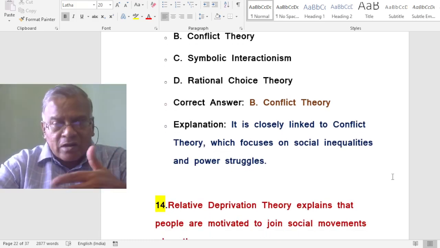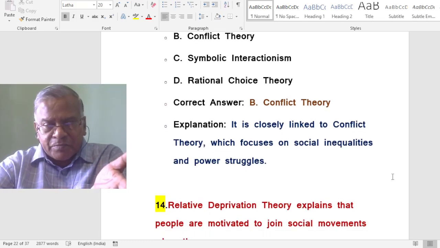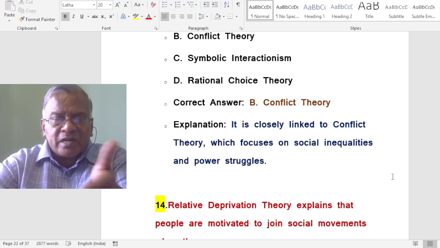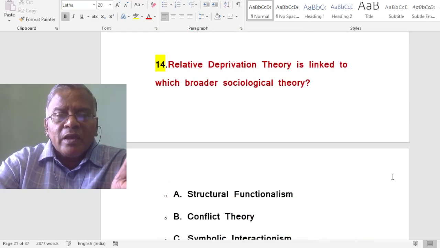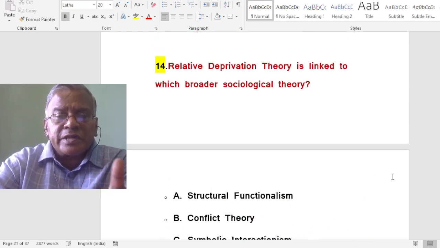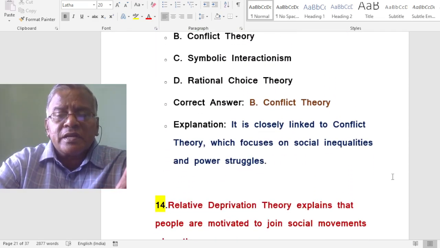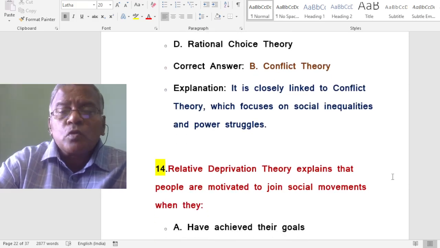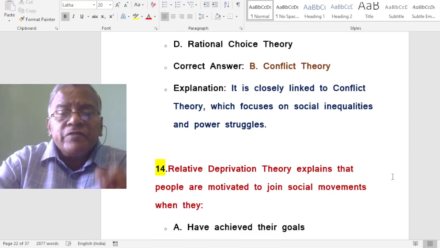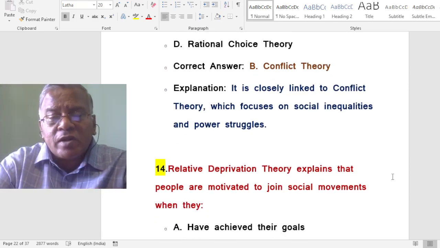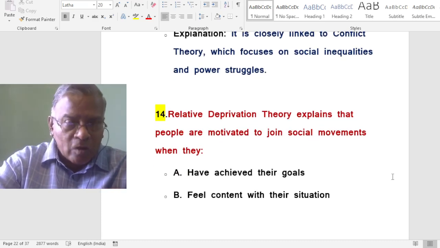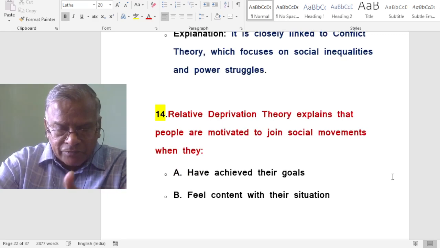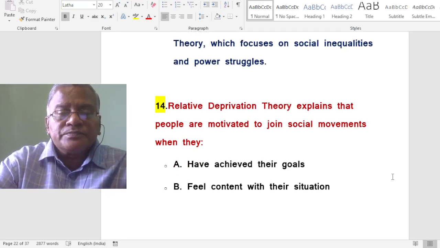Of course, later on we are going to study that as a separate topic, but then in this question it comes. It is closely linked to conflict theory, which focuses on social inequalities and power struggles. We are going to talk about it in a few lectures.